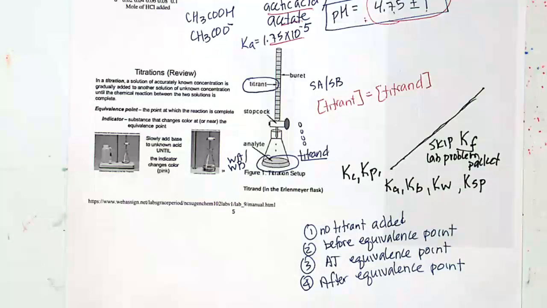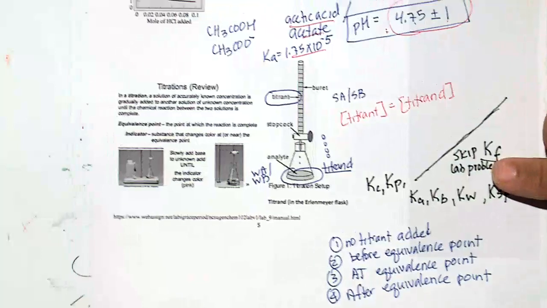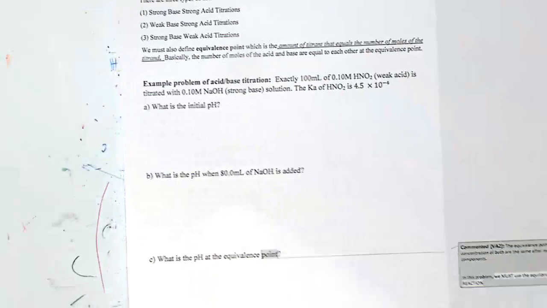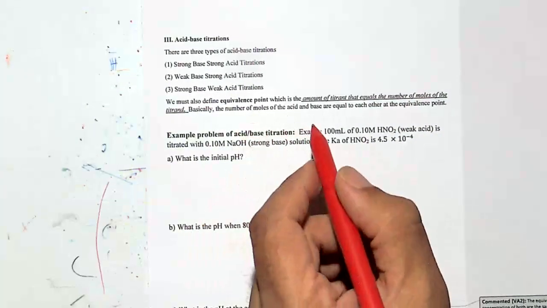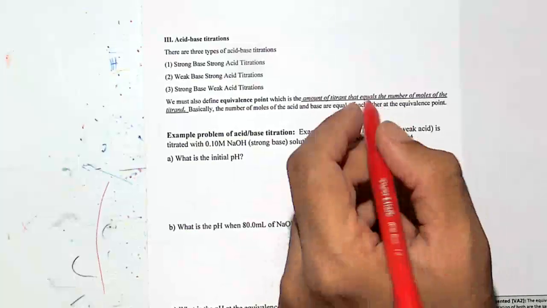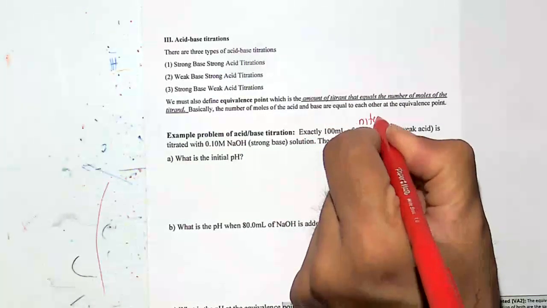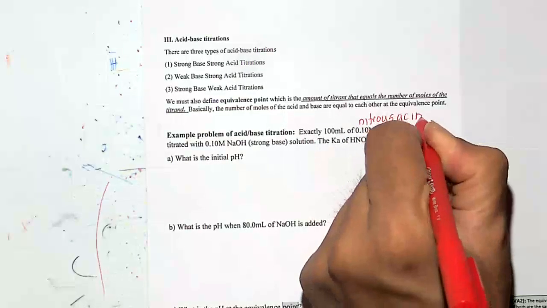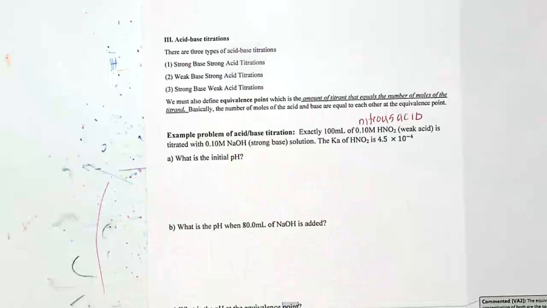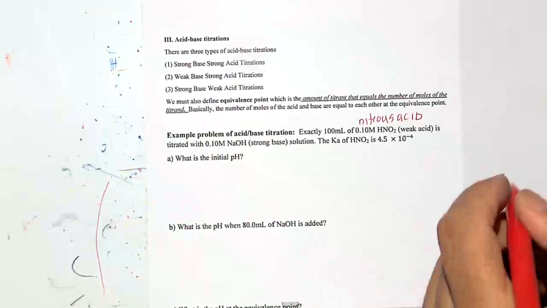All right, so these are the 4 parts of the titration. Let's go ahead and do some of these titration problems now, kind of like what you're doing for the lab. For that lab, you can work with your partners and turn in that sheet. So we have exactly 100 mL of HNO2, which is called nitrous acid, titrated with 0.10 molar sodium hydroxide, which is a strong base.